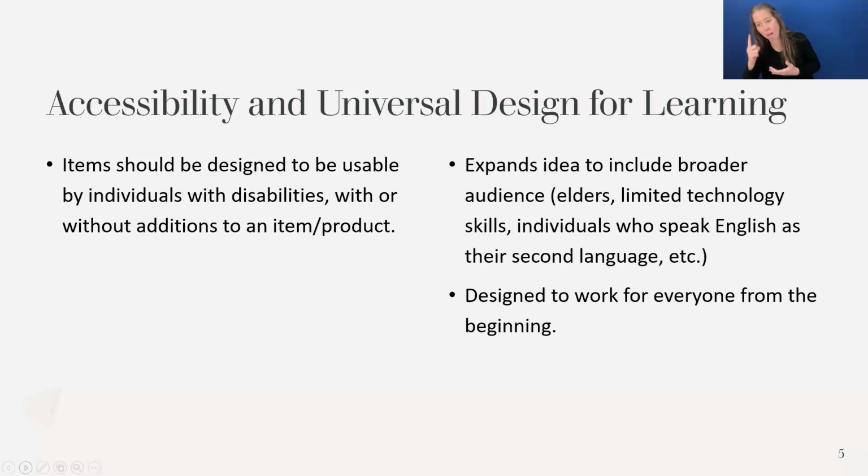If I could just share a little ditty. There's an author that I really like, Thomas Tobin, and he has a book on universal design. And what he does is he takes the word accessibility and takes off the ability part, just keeps the access part. And so it's about everyone, right?